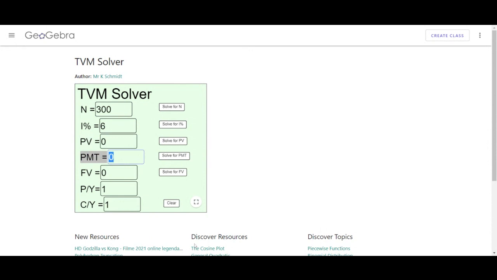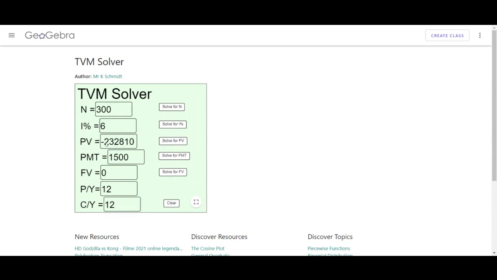PMT is 1,500. FV is how much is going to be in the account after 25 years. Well, again, we're taking money out. This is a retirement account, and we're retiring. So theoretically, we want nothing left in the account after all this is done. So FV is 0. And these two we set as 12. There we go. We're solving for PV.